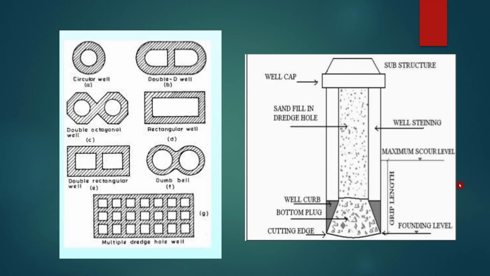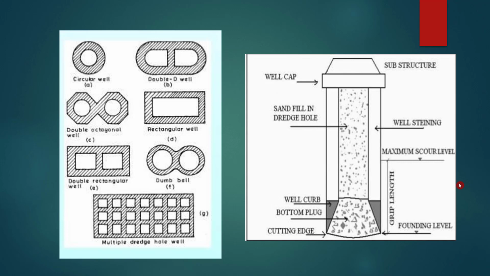The right side picture depicts the various components of a well foundation. We have the substructure and a well cap, and the outer shell transfers the load to a hard strata.